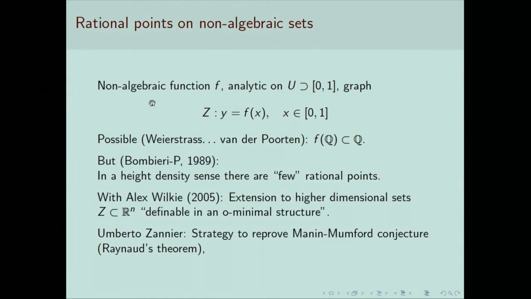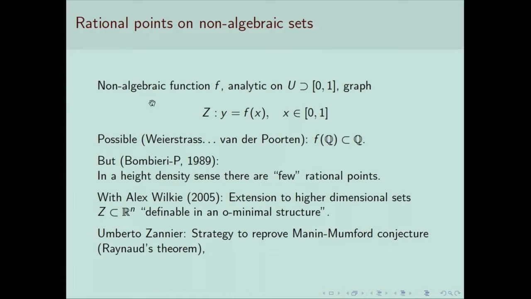So I now want to turn to start talking about rational points on non-algebraic sets. And let's consider, for example, a non-algebraic function f, but which is real analytic, say, on some neighborhood of the interval 0, 1.